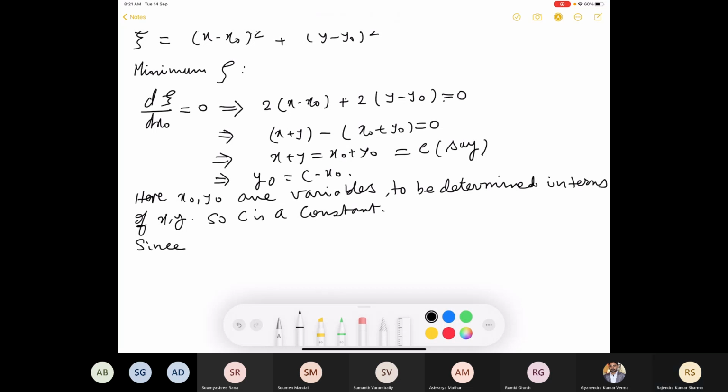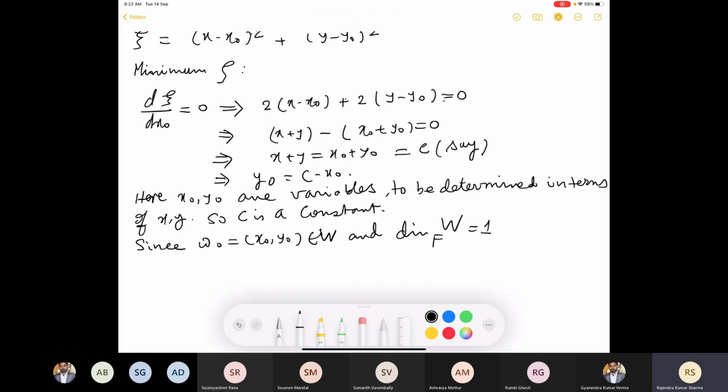So, since W naught, which is X naught, Y naught, is in W, and dimension of W over F is 1, what we get is every vector here is of the form x, x if it is spanned by 1, 1.